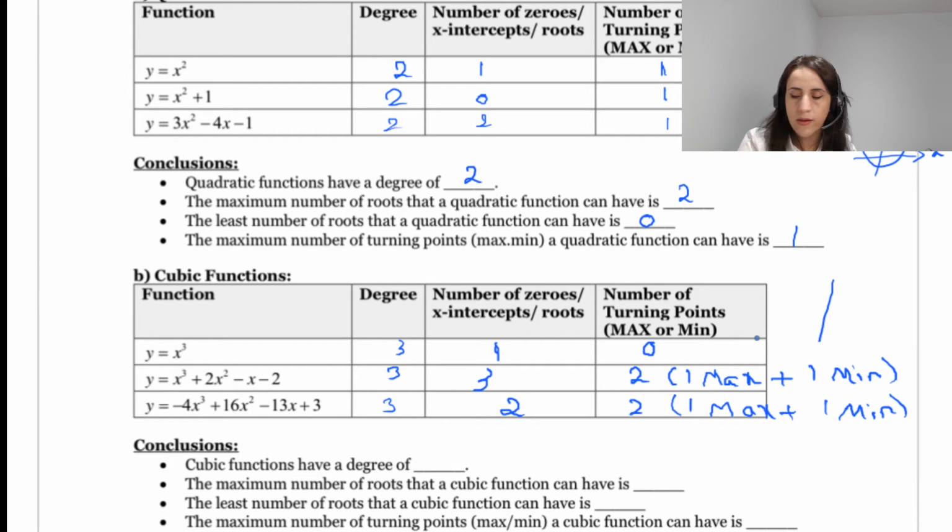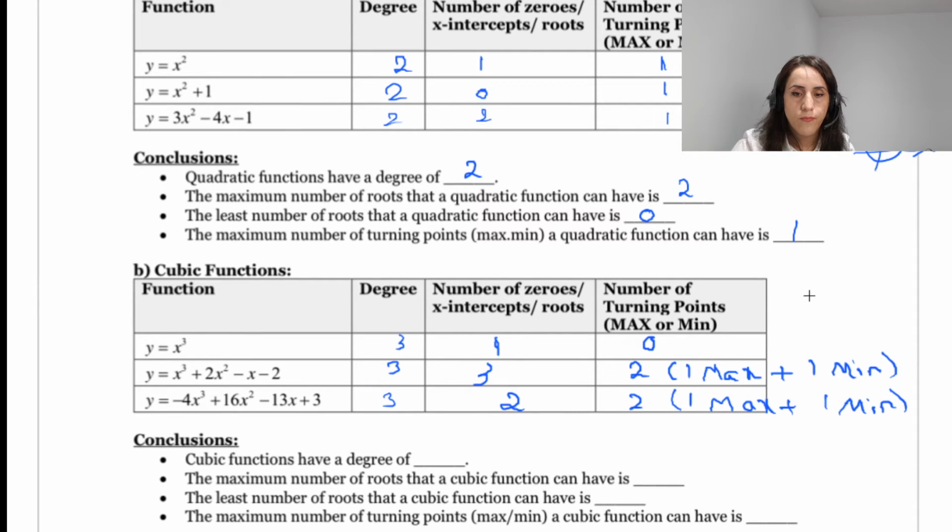The shape, you saw it before. For x to the power of 3, you saw the shape was something like that.